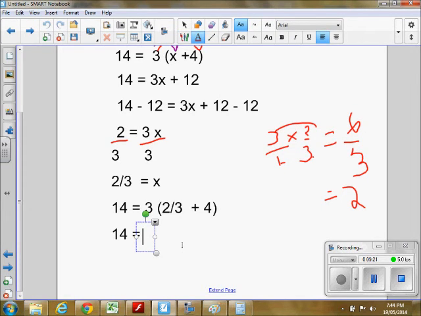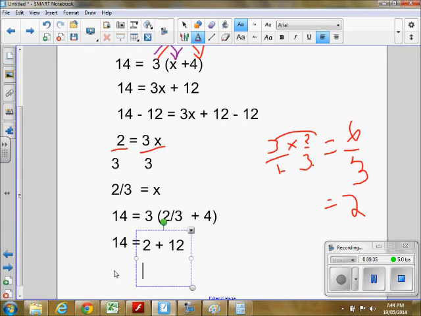So 3 times 2/3 is 2, plus 3 times 4 is 12. 14 is equal to 14.